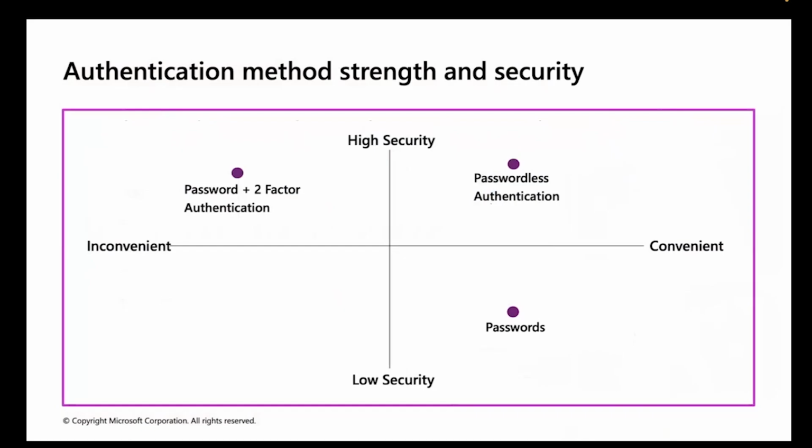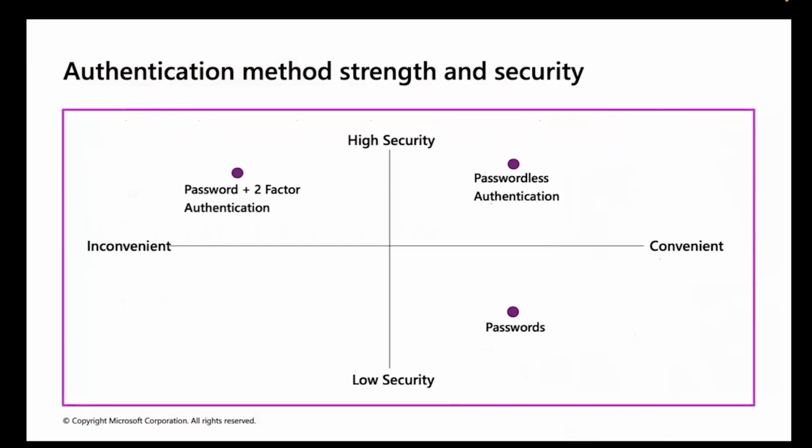But if you talk about simple password options, password is sometimes not very convenient, and also low in security. So in the modern age, we should avoid using only a password for any kind of data security.